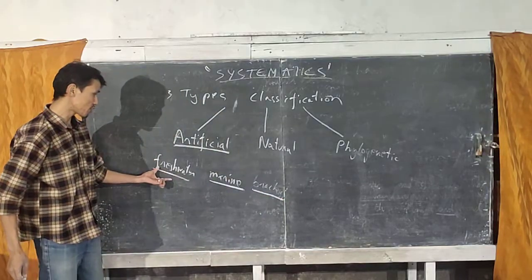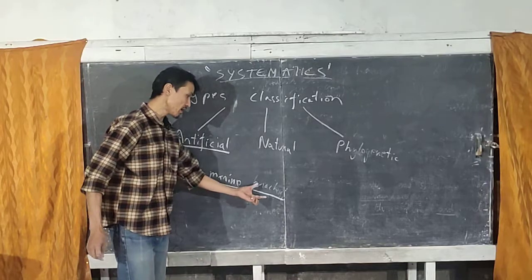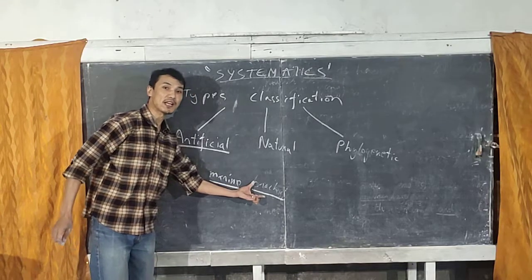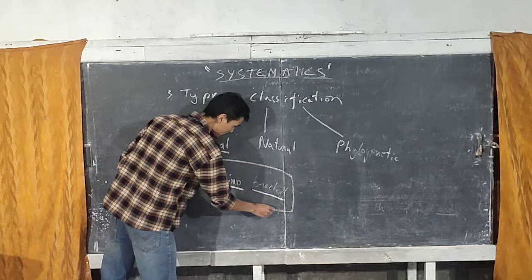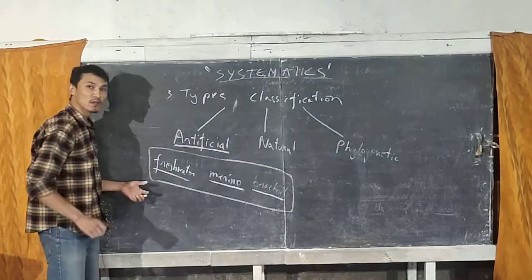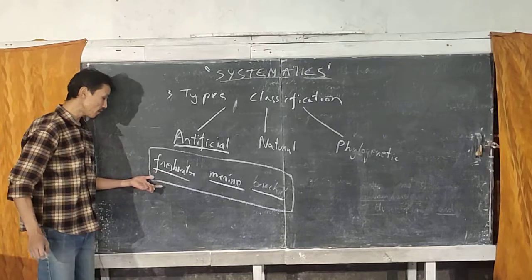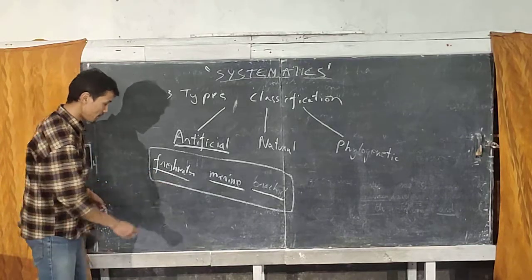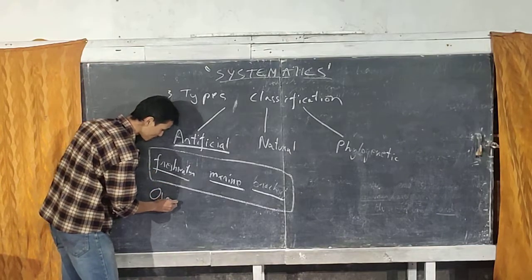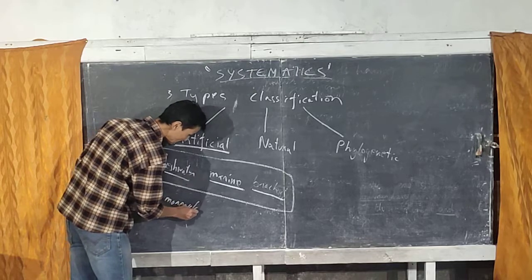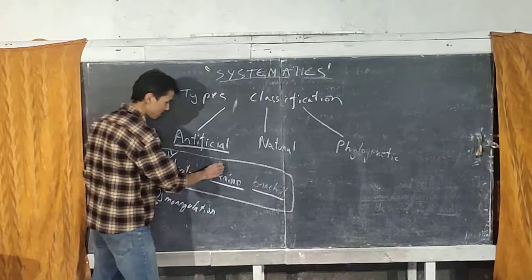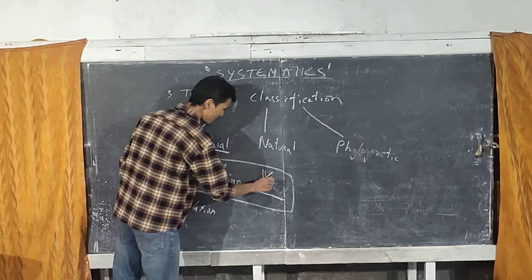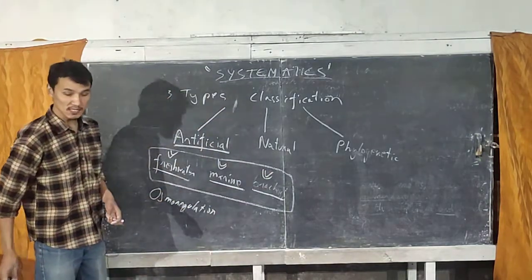But from this, the amount of information that we get is limited. Probably the most common information we'll get is about osmoregulation. That is, depending on the environment, how the fish maintains the osmotic concentration of the cell.